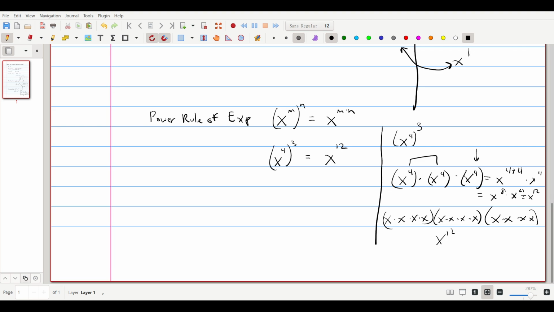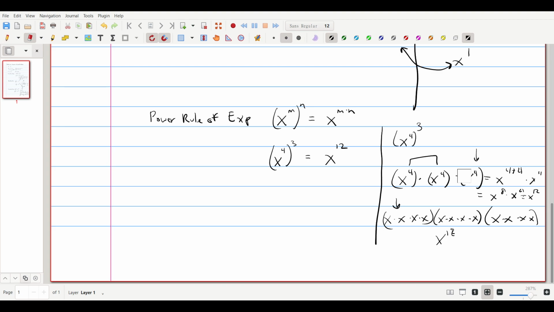So no matter what rules we're using, we have to be able to get the answer the same no matter which rule we apply, right? In this case here, when we used this one, we didn't really apply any of the rules. We just kind of did it by hand, and we got x to the 12. But here, we jumped and we used the product rule of exponents, and we get to the same answer. And that should happen no matter what you do.